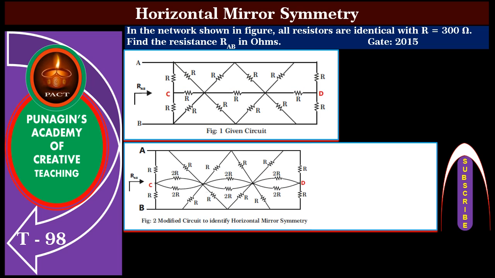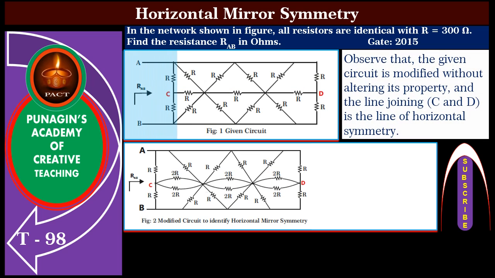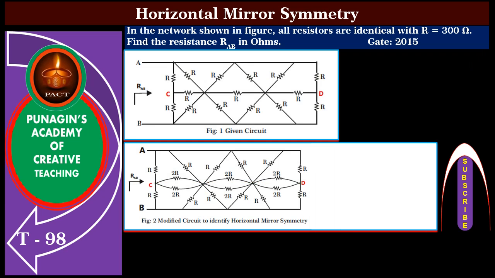Observe that the given circuit is modified without altering its property, and the line joining C and D is the line of horizontal symmetry. Hence, we can short C and D as shown. In effect, all the parallel connected resistors of 2R ohm each can be removed.